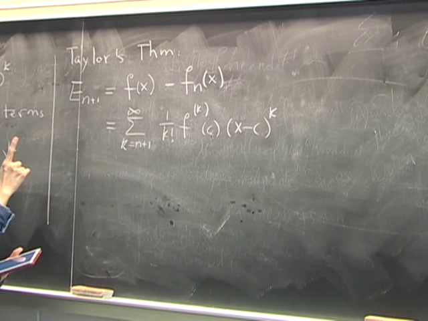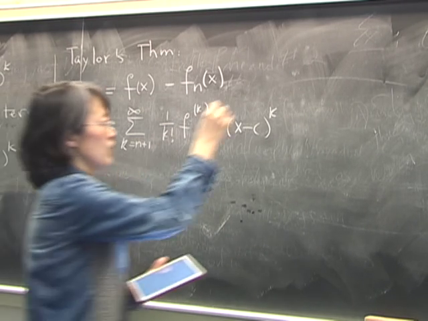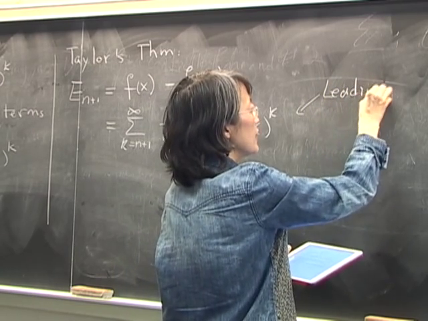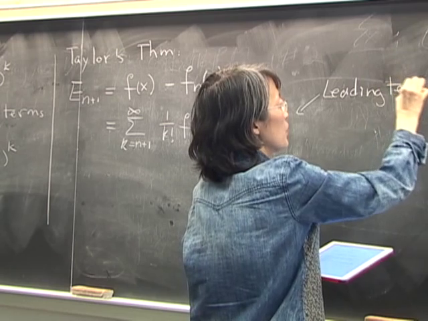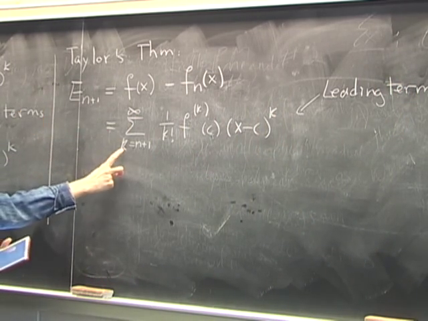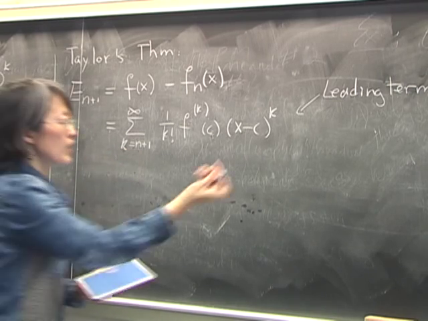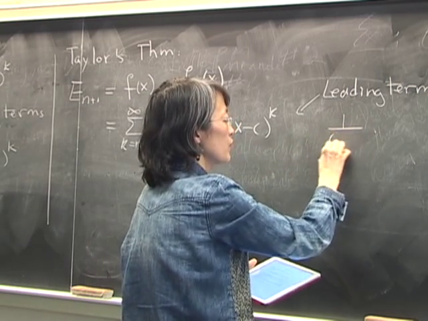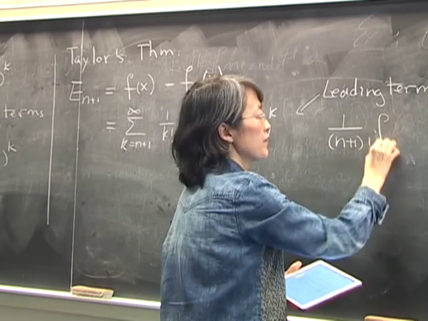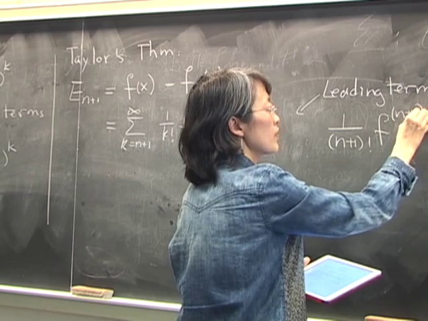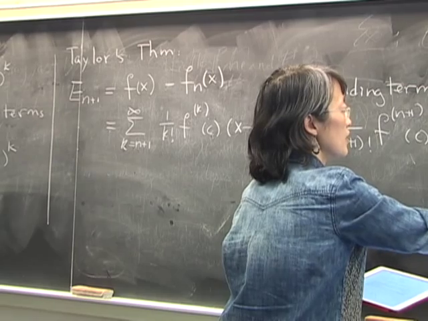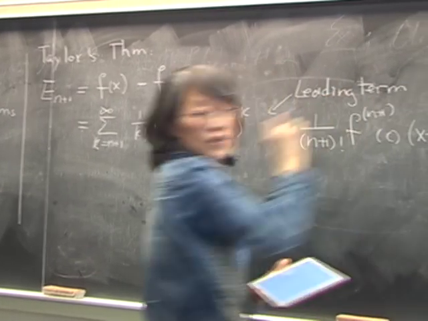So let's look at the leading term. That's so important here. The first term in this series, meaning k equals n plus 1, would give me 1 over n plus 1 factorial, times the n plus 1th derivative of f at c, times x minus c to the n plus 1.